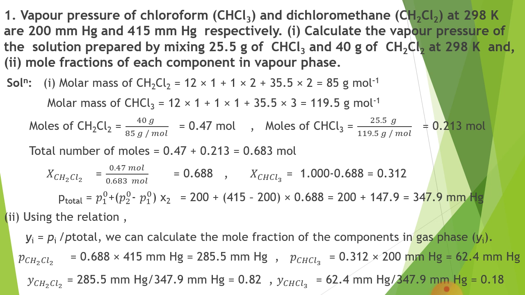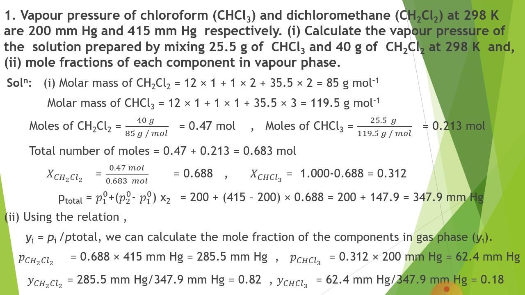Now we have to calculate the mole fraction. X CH2Cl2 equals mole of dichloromethane divided by total number of moles. This gives 0.688.